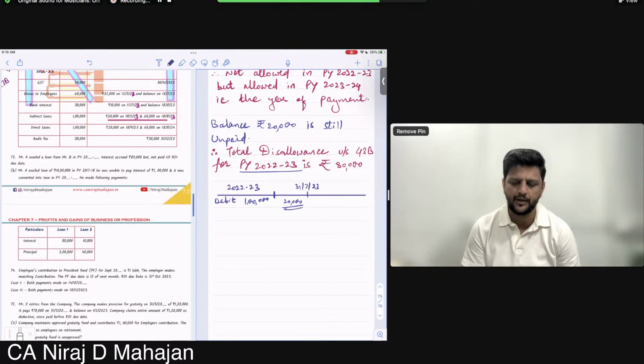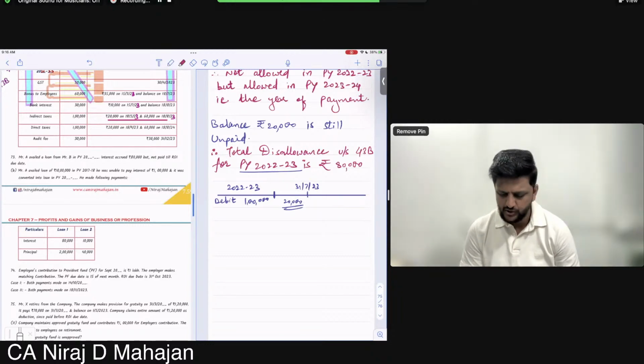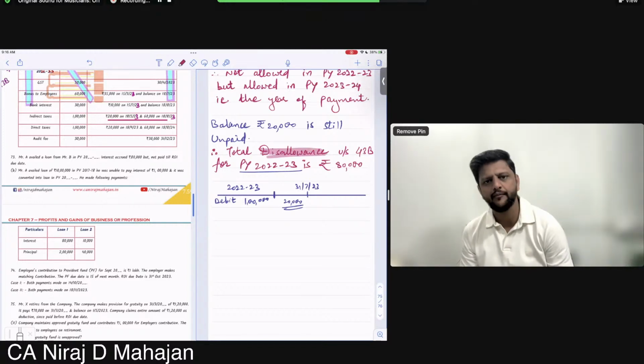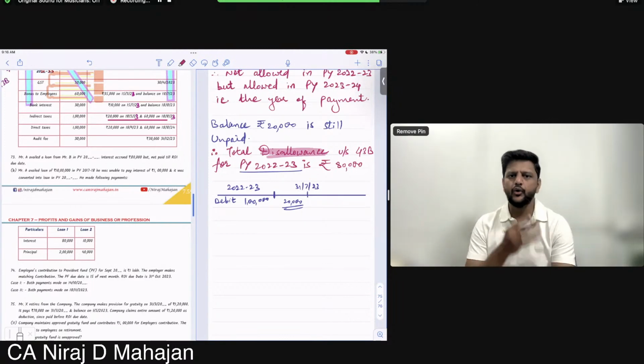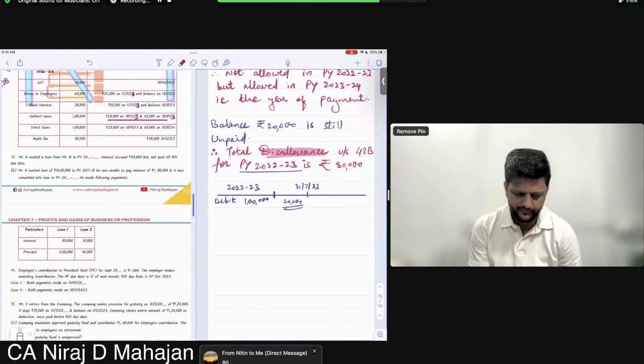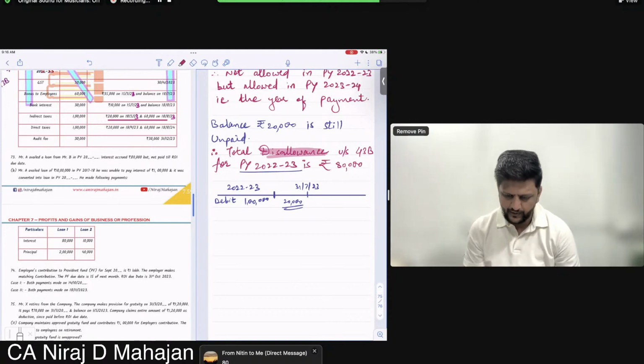Allowed is 20,000. I'm talking of disallowance. So how much will you disallow when you calculate the net profit computation of PGBP? How much will add back in the net profit? Allowed is 20, so therefore disallowed is 80. Okay? Clear, all of you?